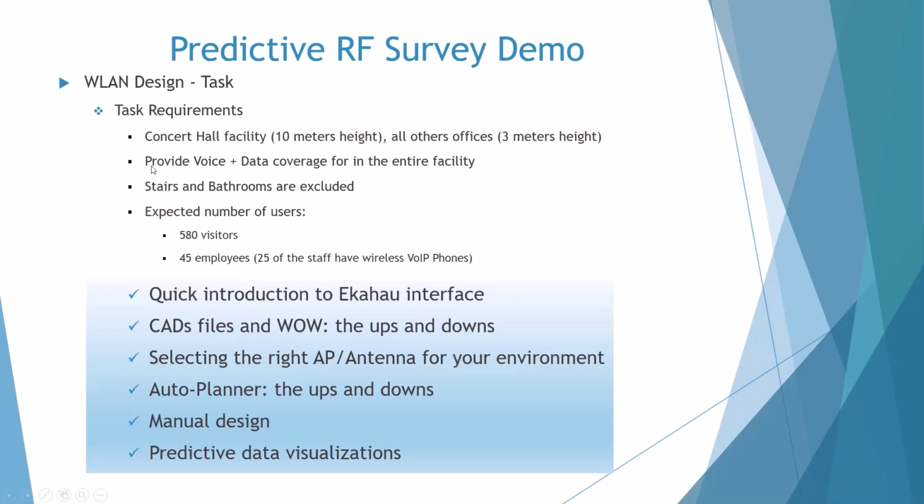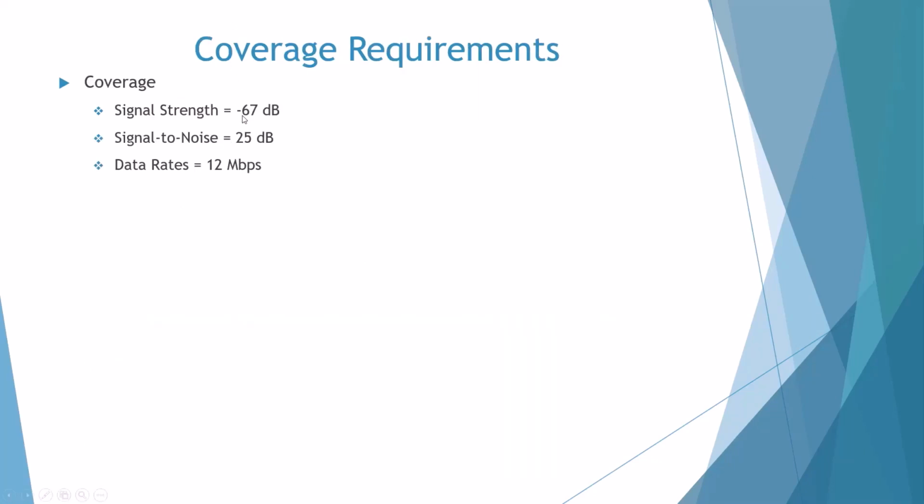Let's see the next step. The next step is talking about the services running over Wi-Fi that the users will be consuming. So we have to provide voice and data in the entire facility. In order to do that, we have to serve a -67 dBm signal strength at each cell edge, while we need to maintain a 25 dB signal-to-noise ratio in all areas.